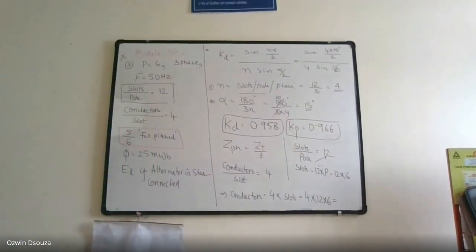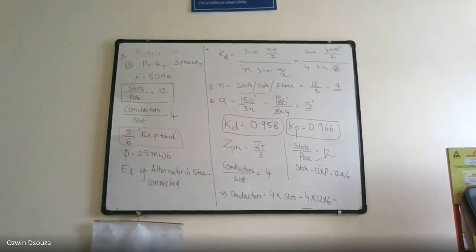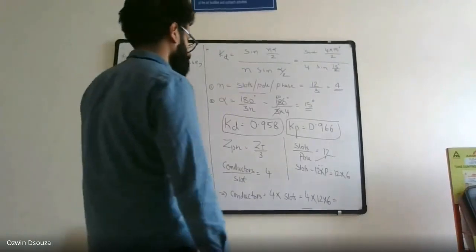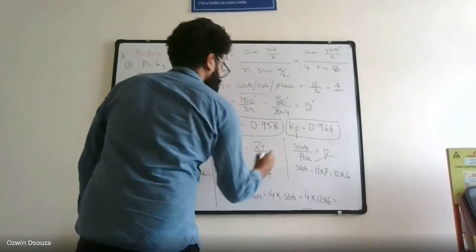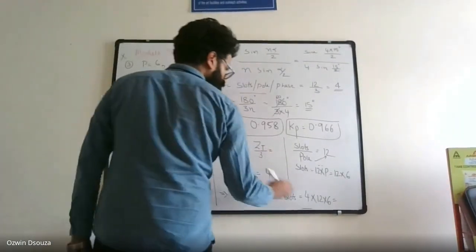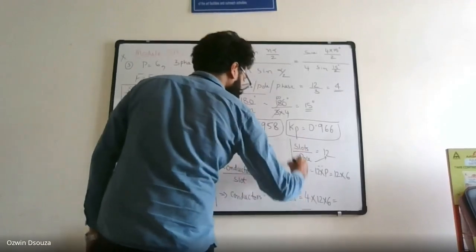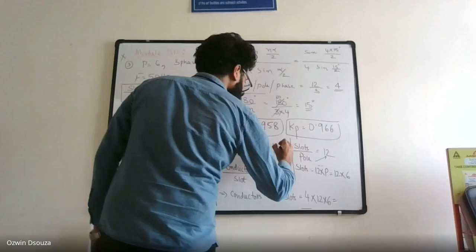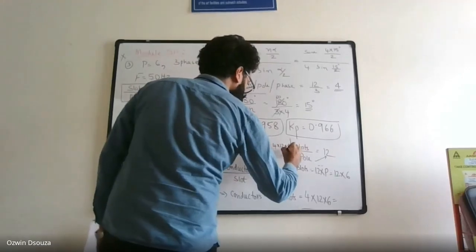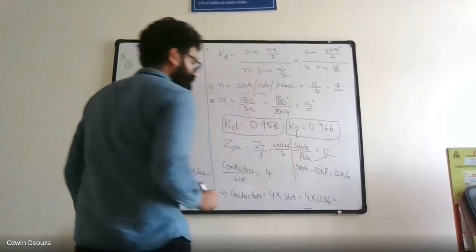Total number of conductors is equal to 4 into 12 into 6, divided by 3.